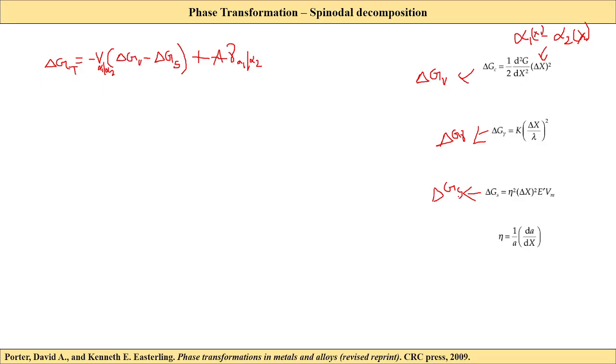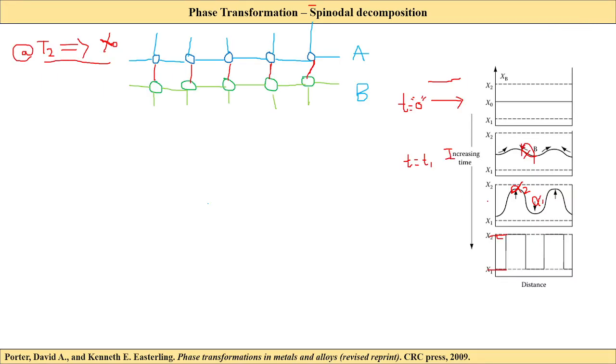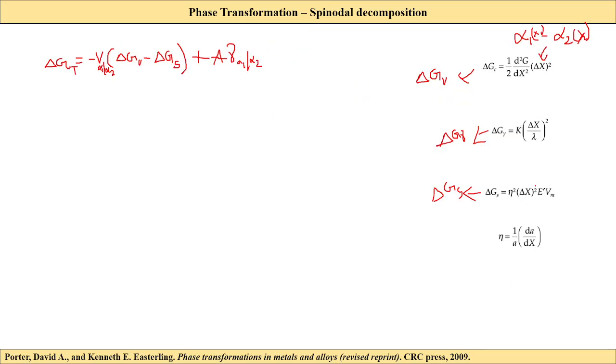So the higher my lambda, that means the larger the size of this. So what do I mean by lambda? Lambda is nothing but my wavelength here. Right. So what is my wavelength? Wavelength is nothing but the distance between two crests, or two maxima, or between two minima of any wave.